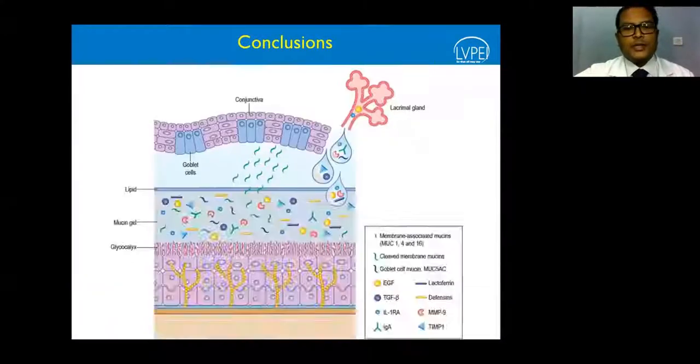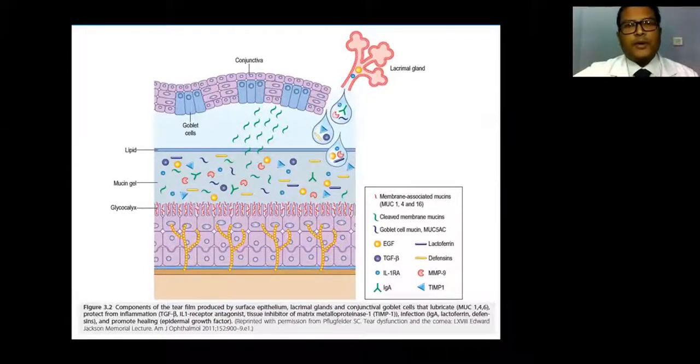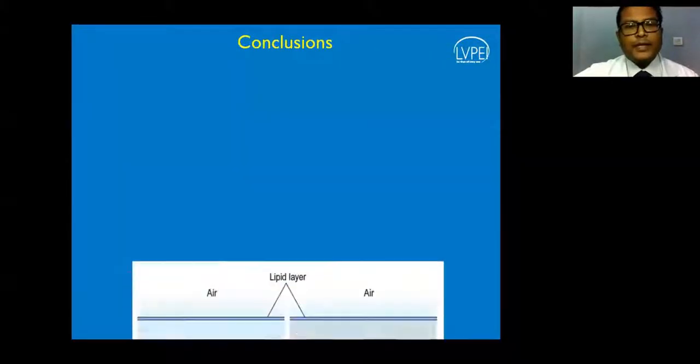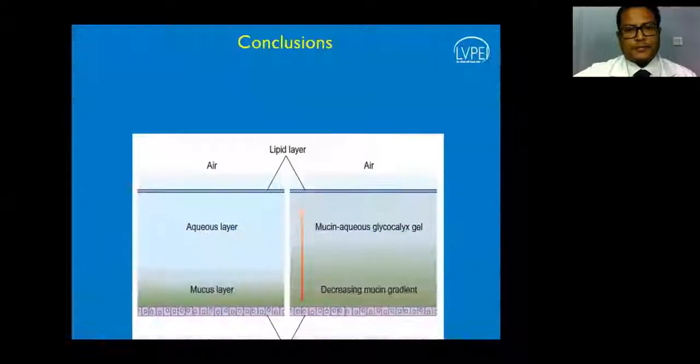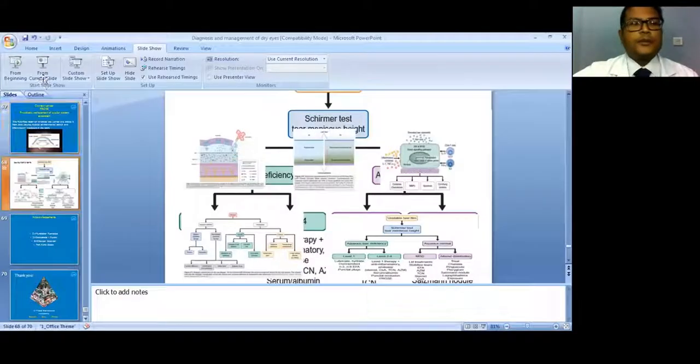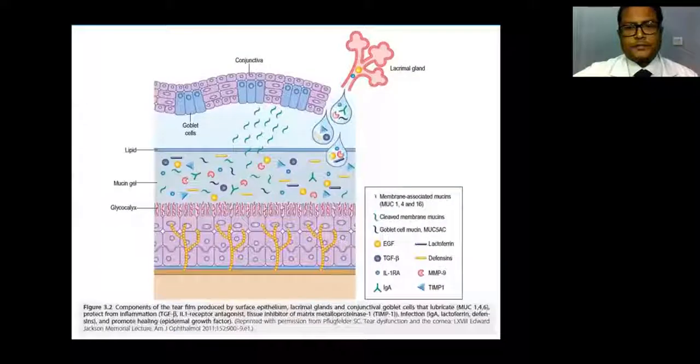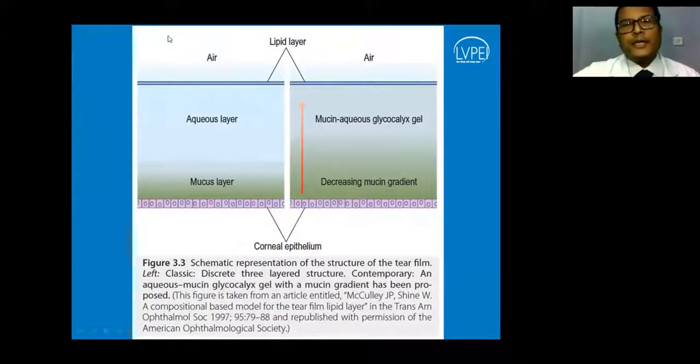So in conclusion, the ocular surface is important for the health of the eye as well as the vision. The tear film is a mucin aqueous glycocalyx gel.